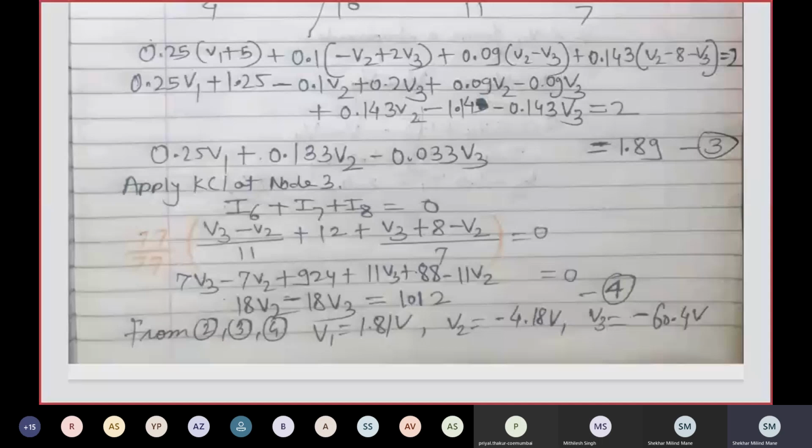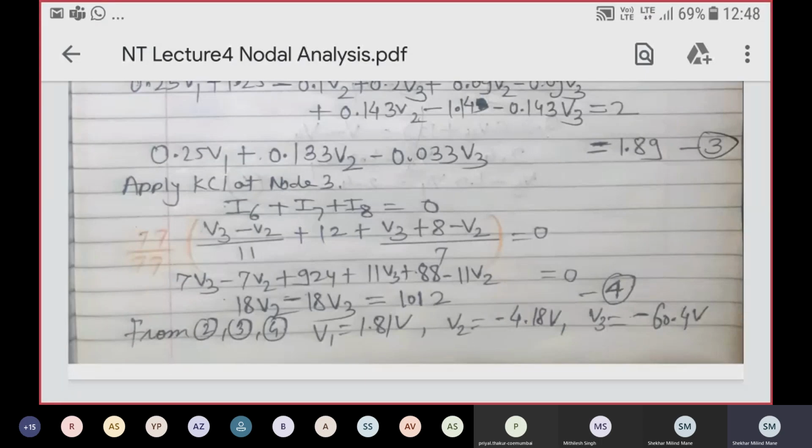So I take the LCM of 11 and 7. So I multiply and divide by 77. The 0 on the right side stays 0, and multiply each term by 77. So 77 divided by 11 is 7. So I get 7V3 minus 7V2 plus, this is 77 multiplied by 12, 924.